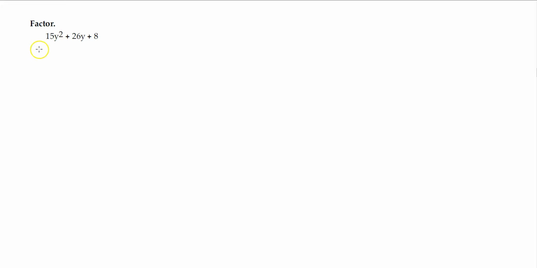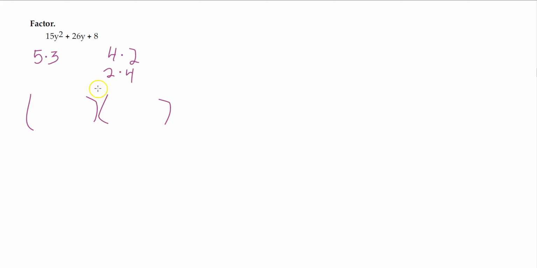So not 15 and 1, but 5 and 3. And 8, same thing. I'm going to go with 4 and 2 and try this out. Outer product, 10. Inner product, 12. Didn't give 26. Let's switch this one around. Outer product, 20. Inner product, 6. That should work.